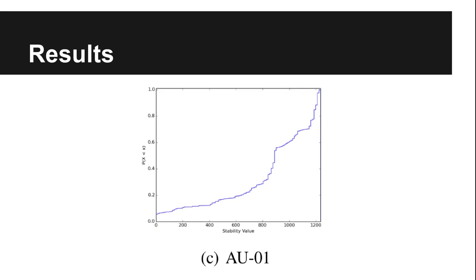Okay, and here we have the results using the stability index. I will show you only one honeypot, but the final report, as I said, has the results for all of them. Many honeypots had a particular behavior. A small number of IP addresses have stability index equal to 0, and 20% of them have stability index greater than 1000, like you can see in the honeypot AU01.